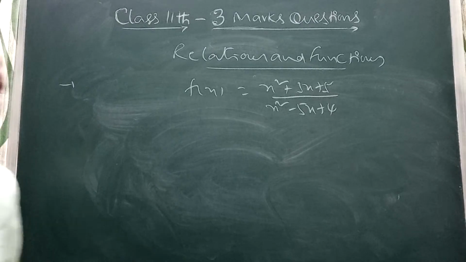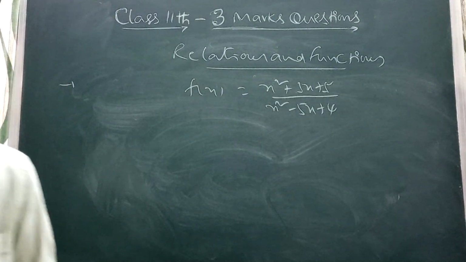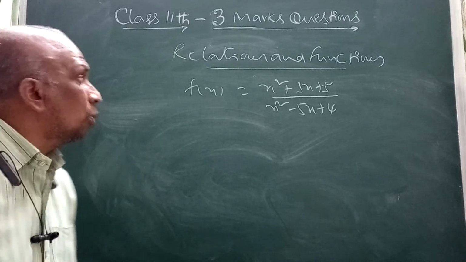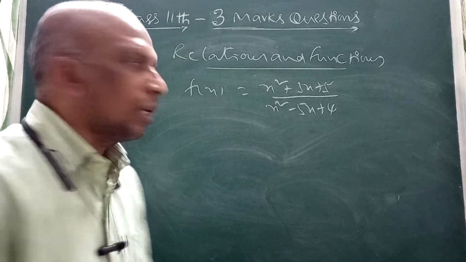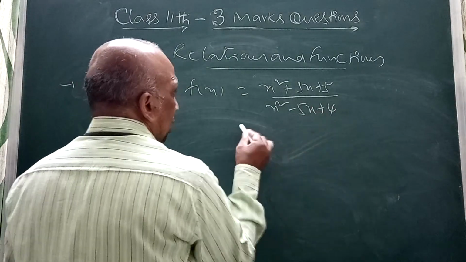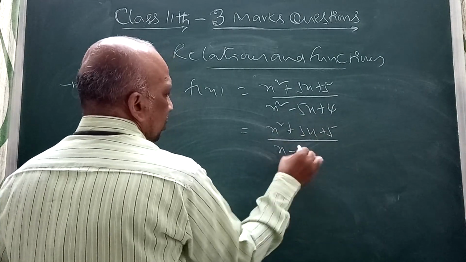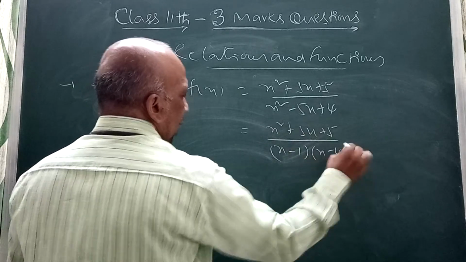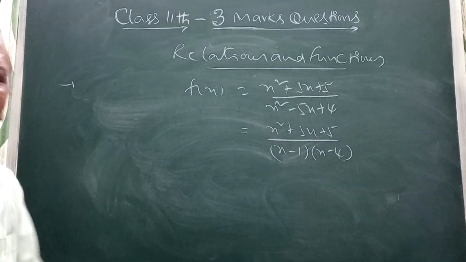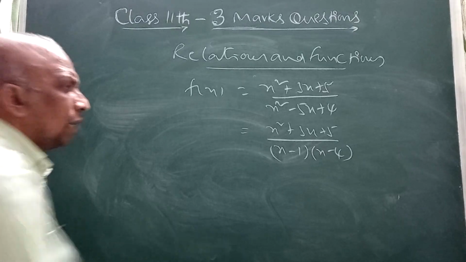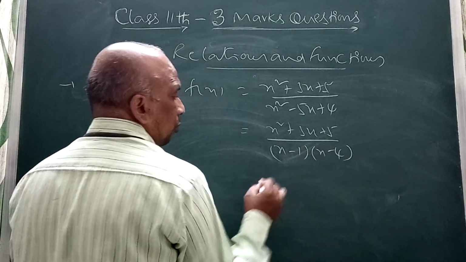Generally in our textbook only the domain is asked, though the range can also be found. What is the domain of this? When they ask for the domain, it depends upon the denominator, right? You can find the factors of the denominator: (x - 1)(x - 4). When these are the factors, x should not be equal to 1 and 4.